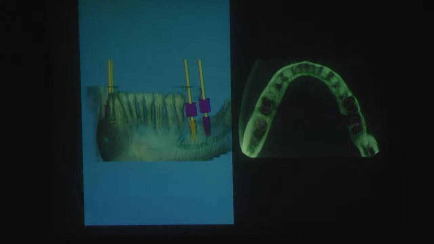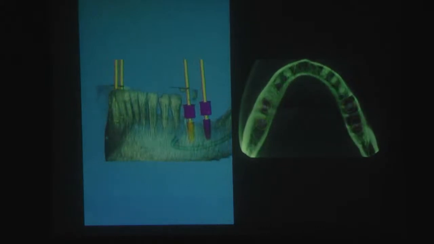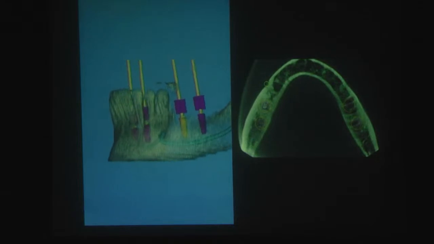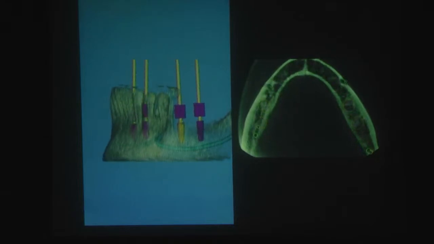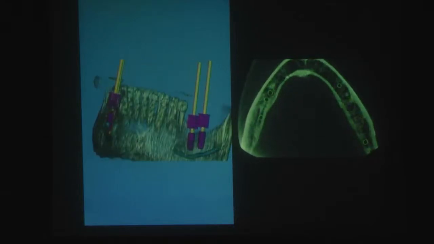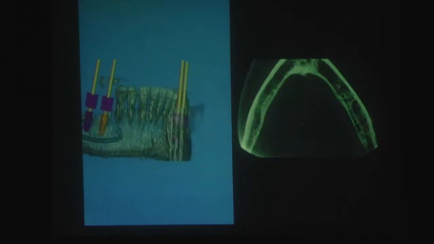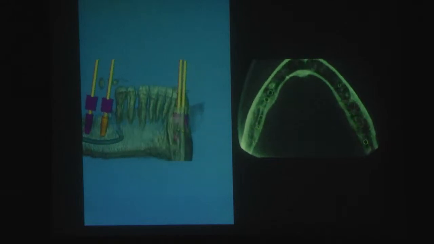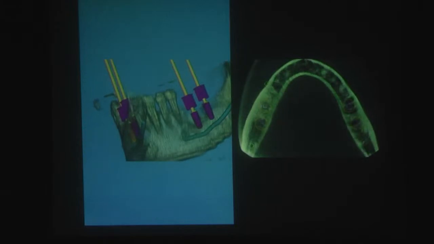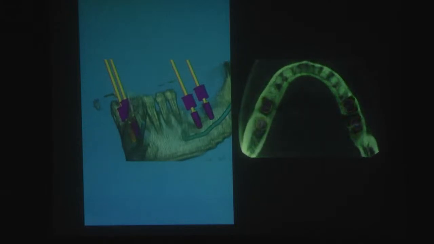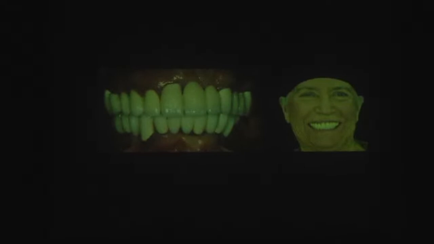With the software, we have the chance to make a diagnosis, not only place the implants. We can understand where the inferior alveolar nerve is, and sometimes we can find infections, which is very important for us. When we open, we plan to clean the infection first and then place the implant. After that, the patient came to my clinic.